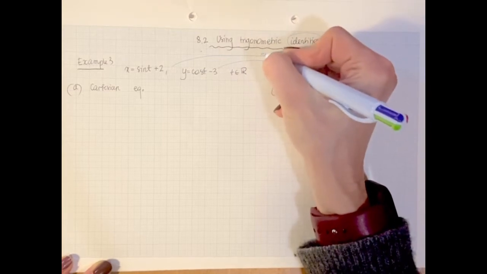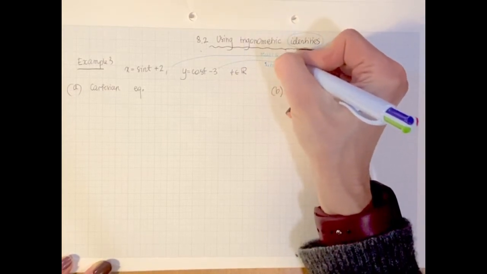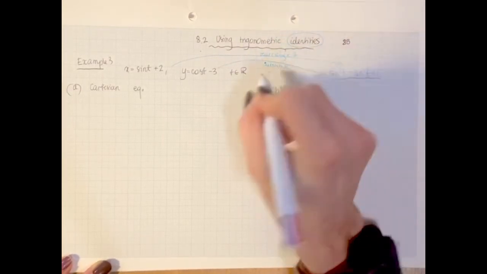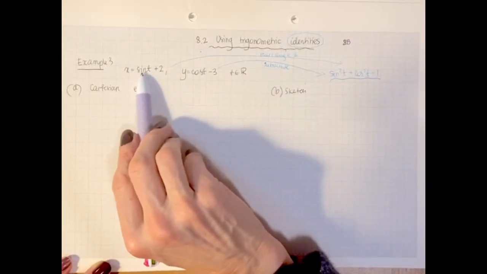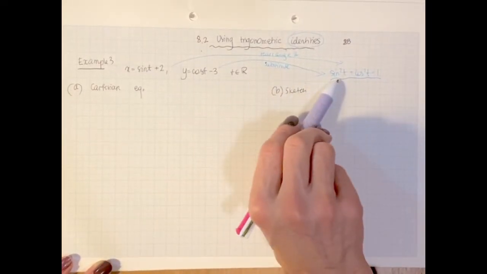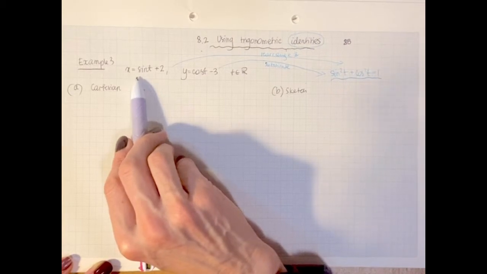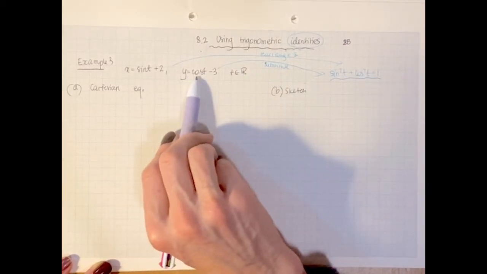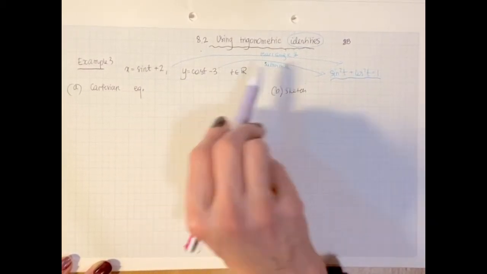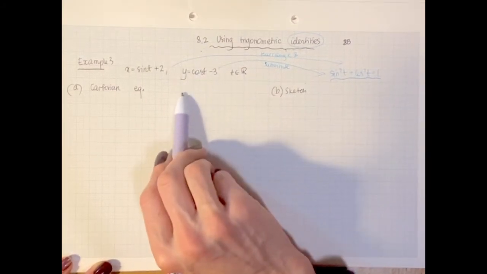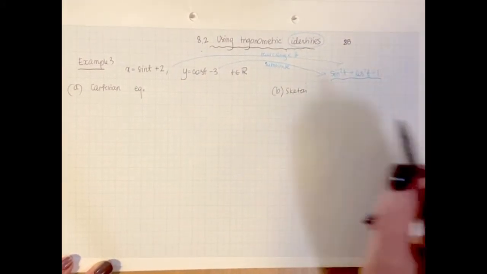So rearrange first, though, and substitute. We are going to rearrange these so we've got something to substitute in here. So we want to replace sine t, and over here the same thing, we're going to replace cos t with the appropriate substitution.